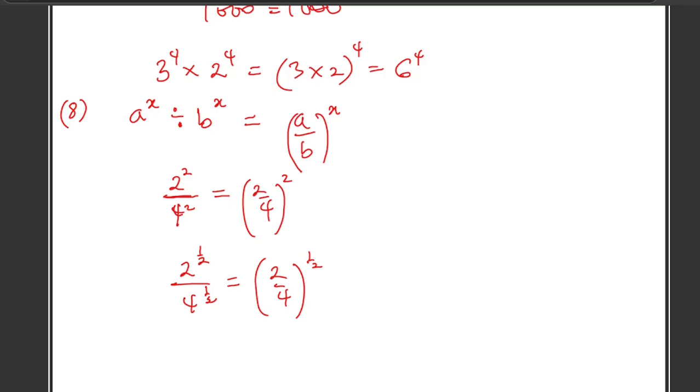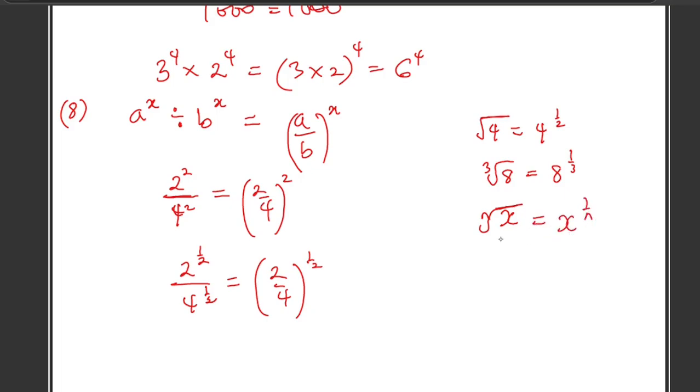Roots are fractional powers. Yes, the square root of 4 simply means 4 raised to the power 1 over 2. Roots are fractional powers. If I say the cube root of 8, it simply means 8 to the power 1 over 3. Generally, the nth root of x is x to the power 1 over n.